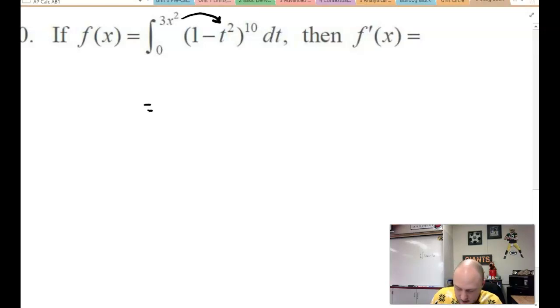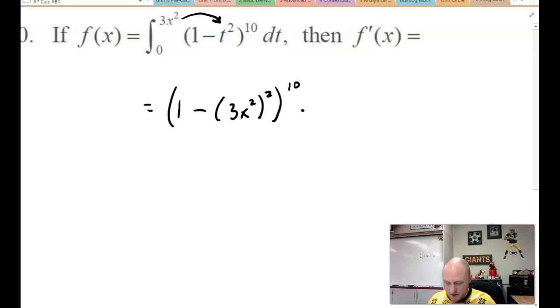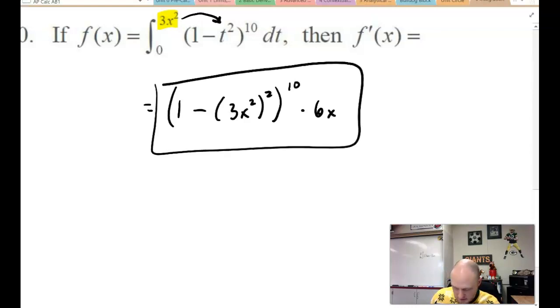So 1 minus 3x squared, quantity squared, to the power of 10. And then I also multiply times the derivative of the bound that I plugged in, which is 6x. And that is, my friends, the second fundamental theorem of calculus.